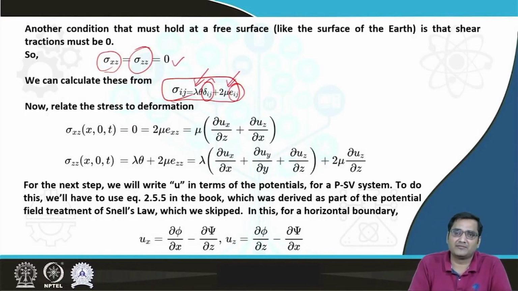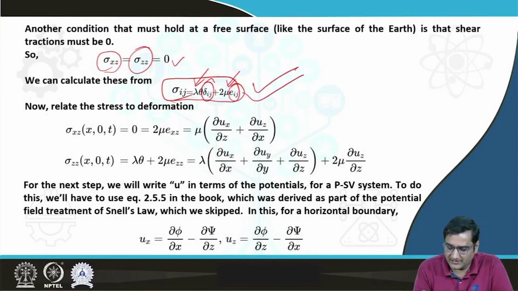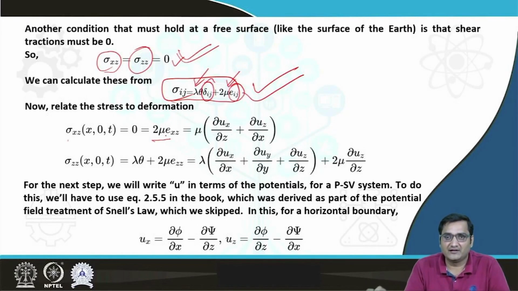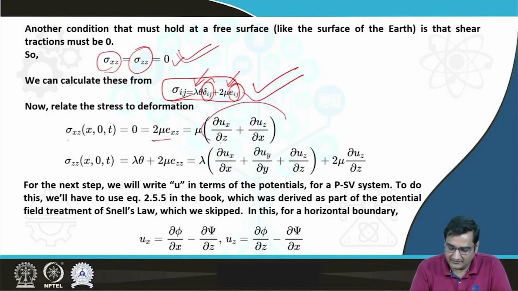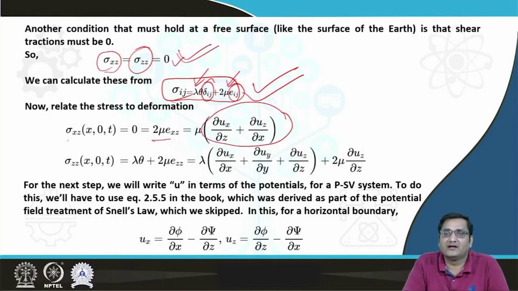So now we relate the stress to the deformation. If you remember, we can write the stress terms in terms of the strain, and then in terms of the displacement. If you set z equal to 0 in this equation, then sigma xz at (x, 0, t) will be equal to 0 from this boundary condition, and that will be 2 mu exz, and exz can be written as mu times (del ux by del z plus del uz by del x).